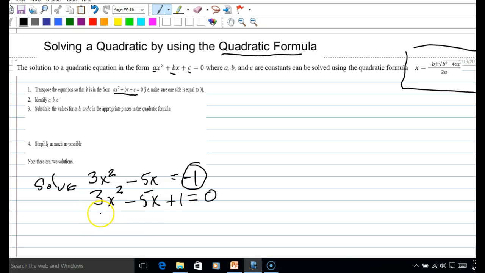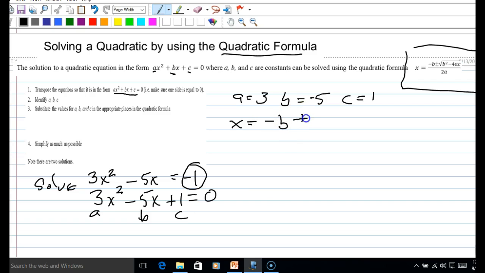So the next step is to identify A, B, and C. So in this case, A is equal to 3, B is equal to minus 5, be careful with those negatives, and C is equal to 1. So all I have to do to find out what X is equal to is to utilize this formula, that we just call the quadratic formula.